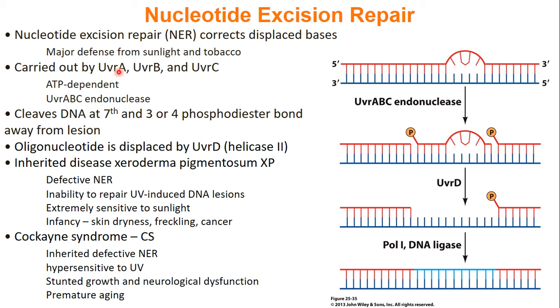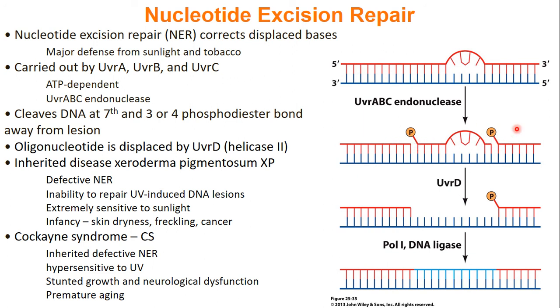It's carried out by three proteins: UVRA, UVRB, UVRC, they work with ATP, and they're called the UVRABC endonuclease. So they're going to do the cutting, and what they do is that they're going to cut 7 nucleotides and 3 or 4 nucleotides away from the damage. So 7 nucleotides on one side, 3 or 4 on the other side.